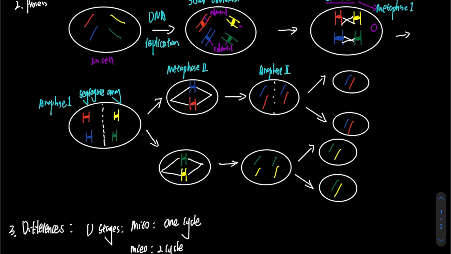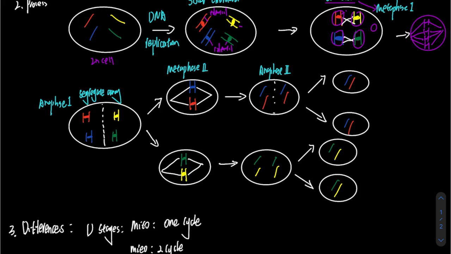Also, in the metaphase one, mitosis is like this one. There are sister chromatids in a line in the middle, but in meiosis they are separate. Look, there are two on the left and there are two on the right.